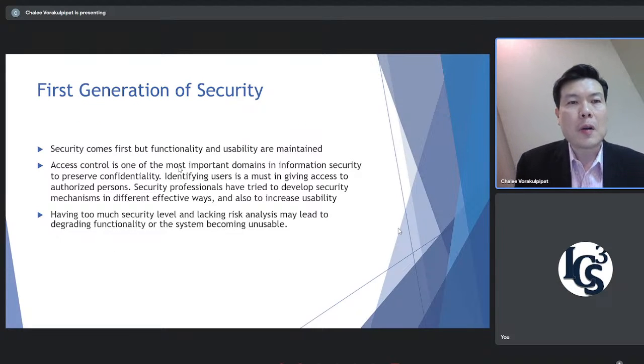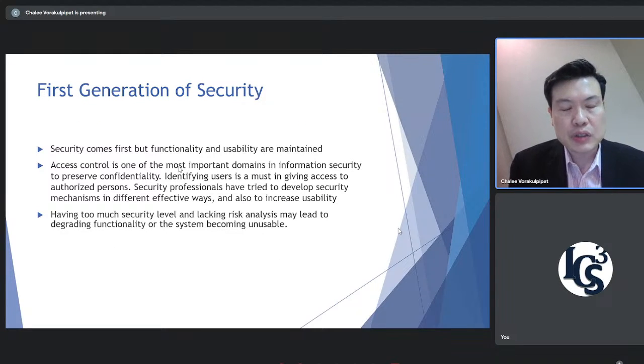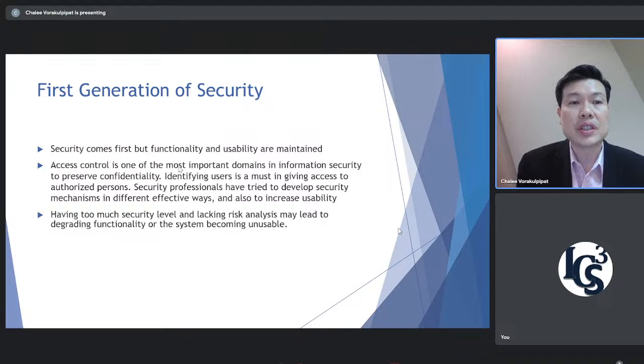Based on my literature review, I can conclude that in the first generation of information security, security comes first, but functionality and usability are maintained. It means that we have to think about security first, by design.